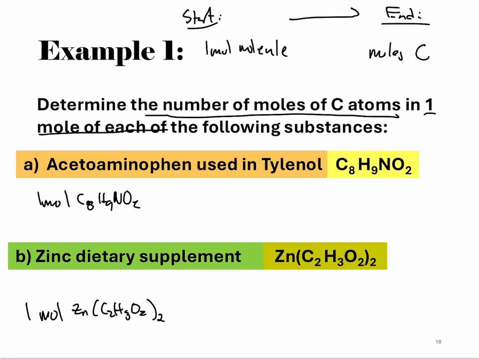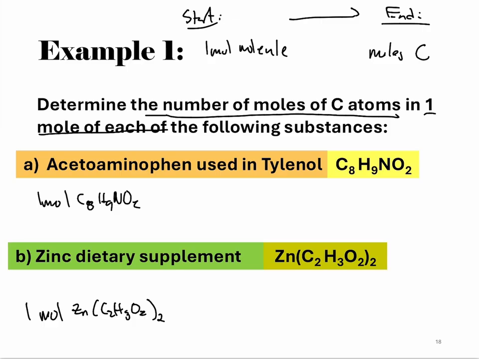All right, what gives us that conversion factor? Sam? Would it be 1 mole of carbon over 1 mole of Tylenol? So we wouldn't necessarily have 1 mole of carbon, because we have how many atoms of carbon per molecule? What, 8? Yeah, we have 8 moles of carbon per 1 mole of Tylenol.